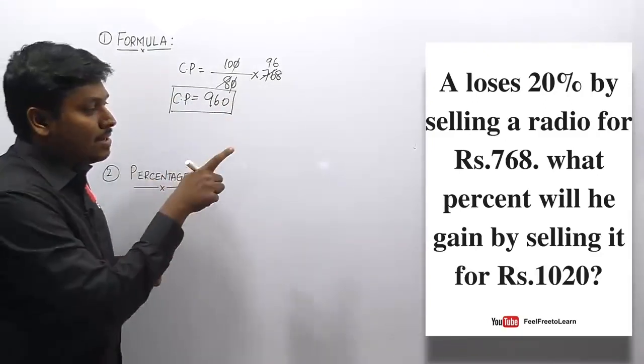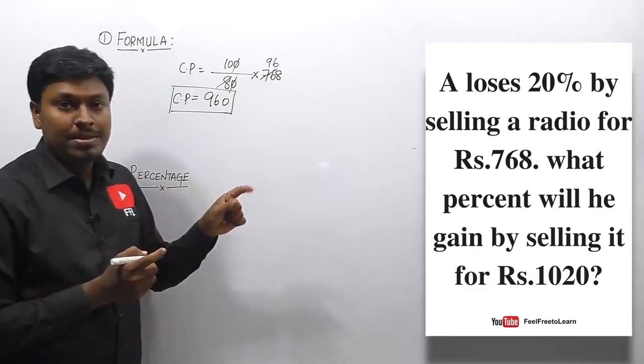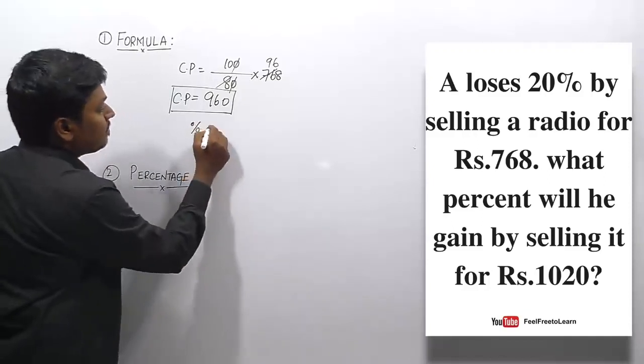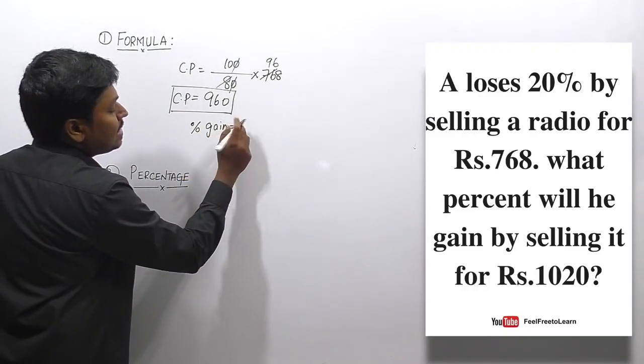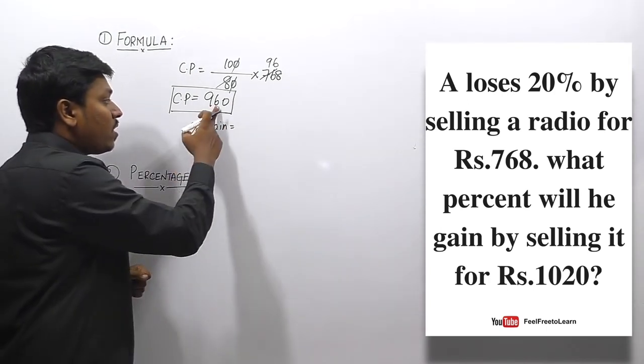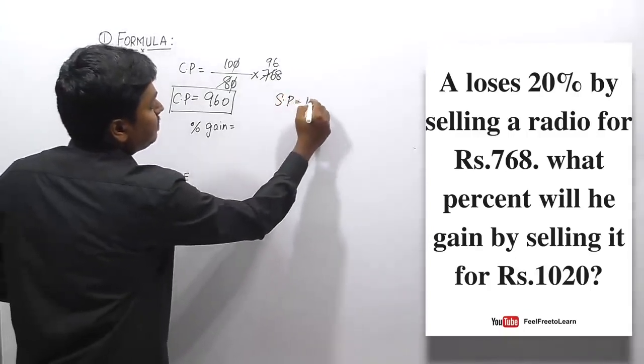Now what he decided is, if he sold the same radio for 1020 rupees, our target is to find the gain percentage. So percentage gain will be selling price minus cost price divided by cost price into 100, and we know cost price will be 960 and the selling price will be 1020.